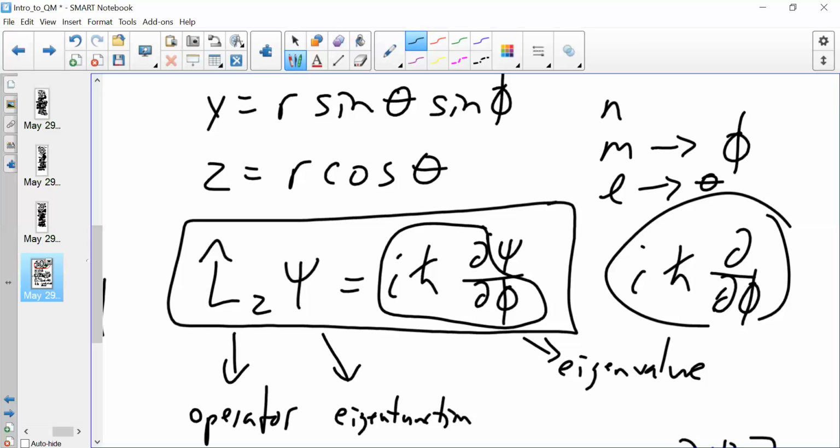Because when you take quantum mechanics, you're going to see eigenfunctions called Legendre polynomials and associated Legendre polynomials. Regular Legendre polynomials deal with the precession of the electron, how it wobbles. The associated Legendre polynomials deal with how it rotates, which is phi, right?